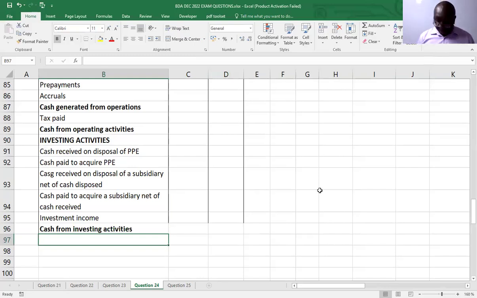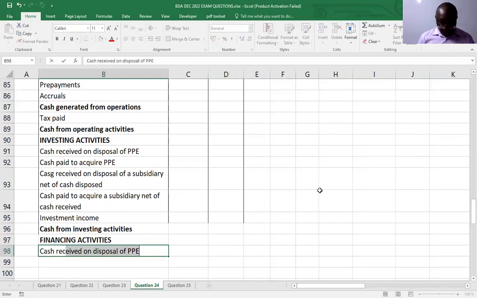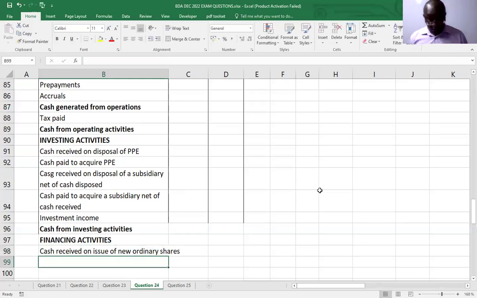And then finally, we have financing activities. Under that, we have cash received on issue of new ordinary shares.